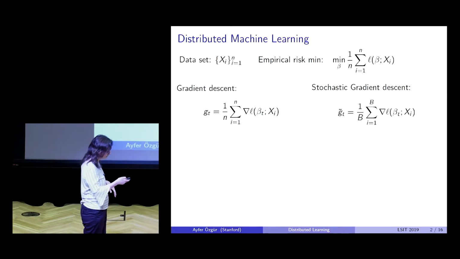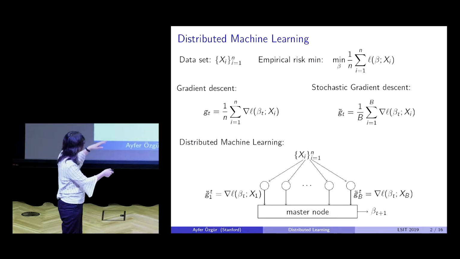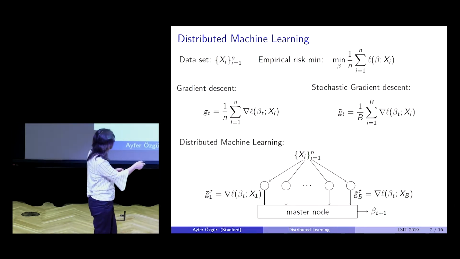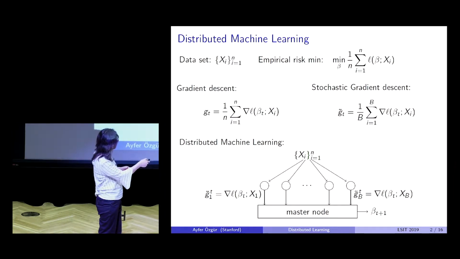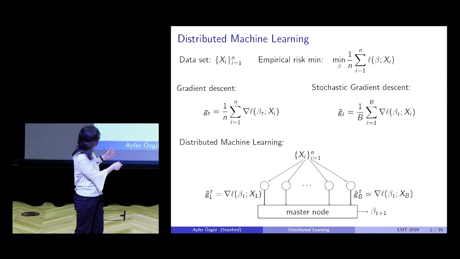And what people often do is to try to speed up the computation by distributing it across many nodes. So imagine you take your data set, and let's say you split it over B nodes. Then you could do the following. Each node here can compute the gradient of the loss function with respect to only one sample in their local data set.